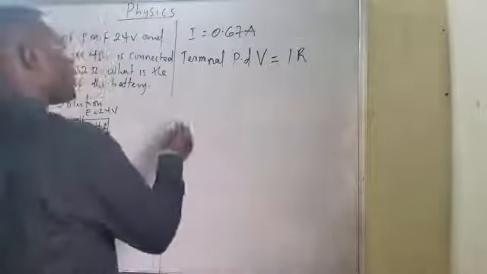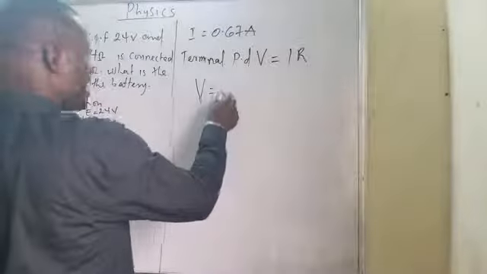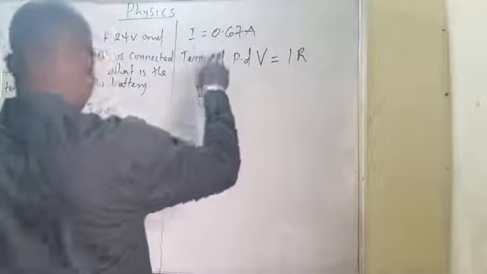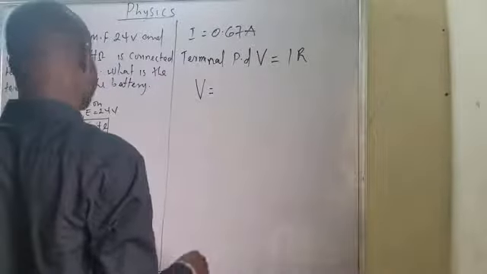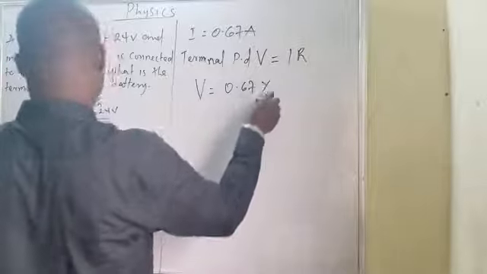So my V equals my I, 0.67, multiplied by my big R, which is 32.